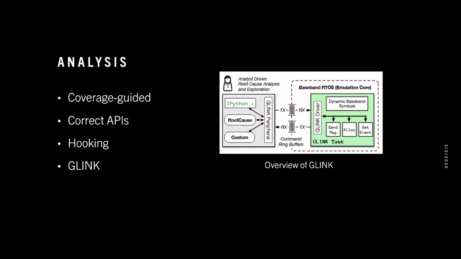So the image here shows the overview of G-Link, which is how FIRMWIRE allows for host to guest and guest to host communication by injecting in a guest link module. This allows the host to inject arbitrary messages and other events into the baseband from scripts, and allows the host to receive back from the baseband.